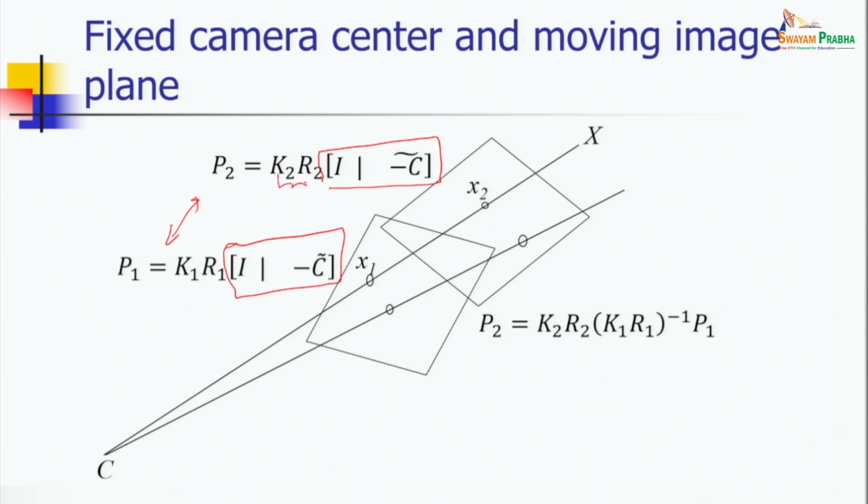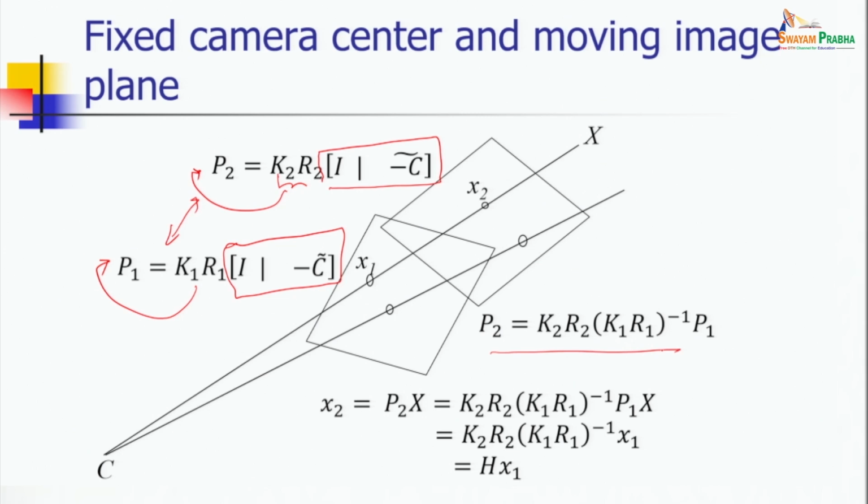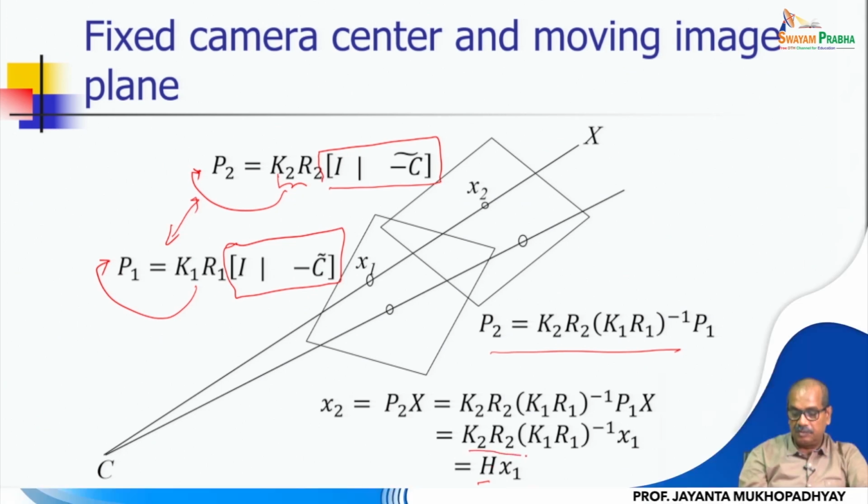So, you can take these things here as K2R2 inverse P2, similarly K1R1 inverse P1, and then equate them. From there you will get this relationship. And then, as I was showing you, X2 and X1 can be related from this relationship. So, this is how the homography is defined between them, and how homography is explained in terms of the respective camera parameters.